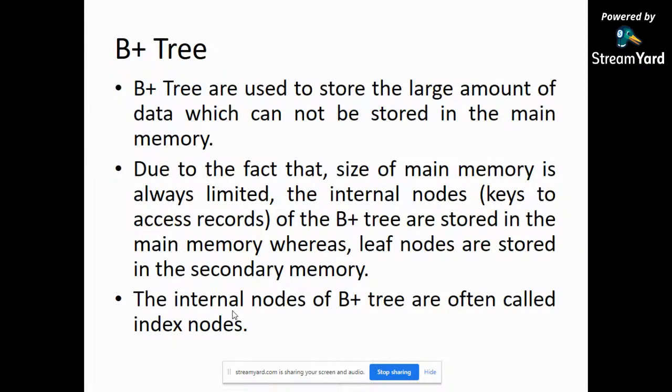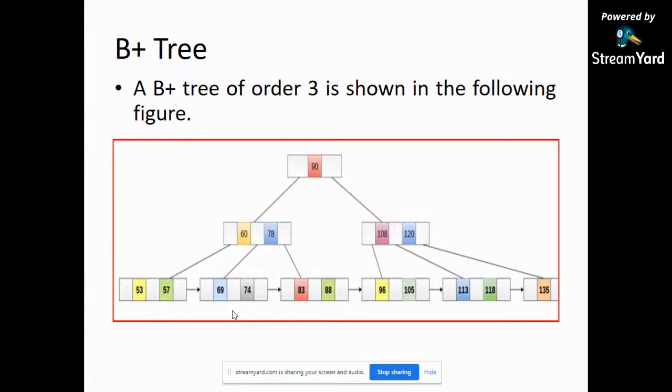So a single data structure is stored in two different memories. The leaf nodes can be stored in the secondary memory and the intermediate or internal nodes can be stored in main memory. This is the advantage. The internal nodes of a B plus tree are often called index nodes.